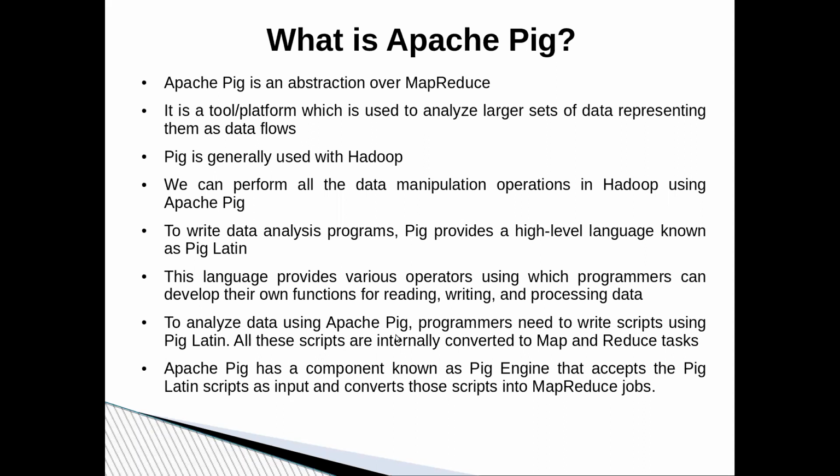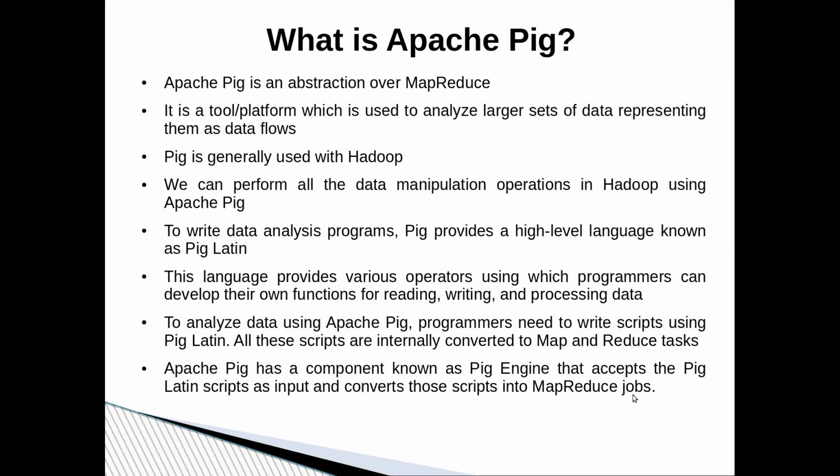Now this is very important. Whenever you write a program or a script in PIG Latin, the language provided by Apache PIG, and give it as input, it will convert those scripts into MapReduce jobs and process them.